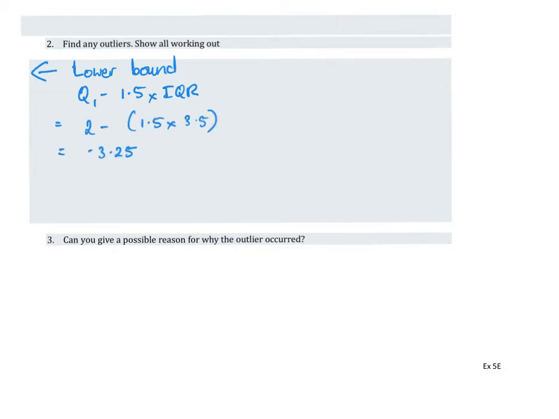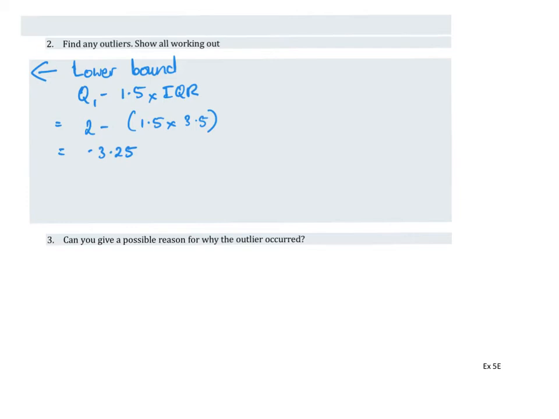So we get 2 minus, in brackets, 1.5 times 3.5. We can put that all into our calculator and we get negative 3.25. Now let's look back to our values. Is there anything in our original data list that is smaller than negative 3.25? Well, no, because we don't have any negative values. So therefore, there are no outliers on that side.